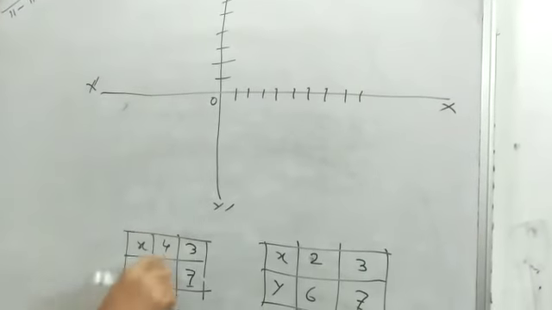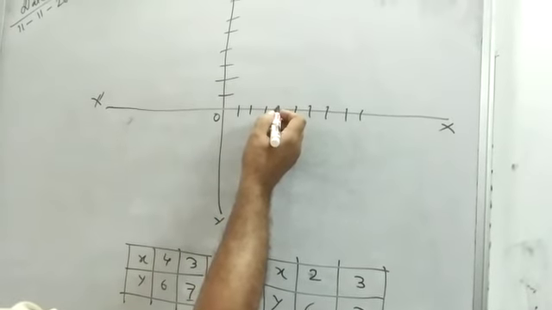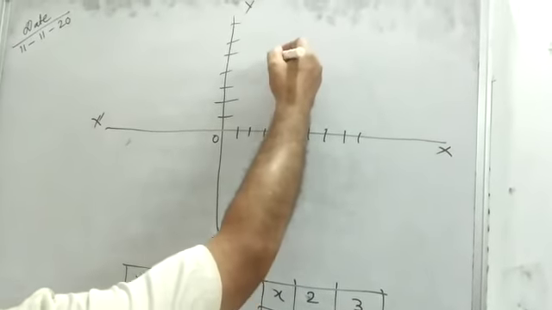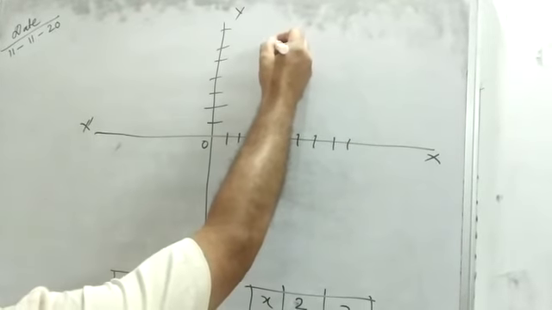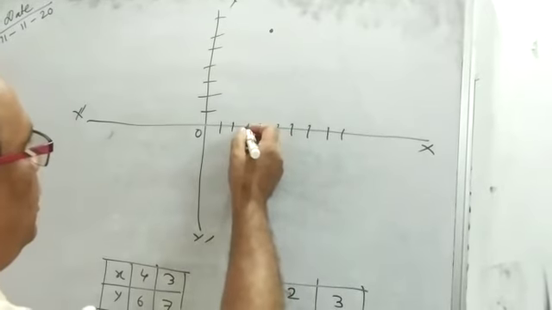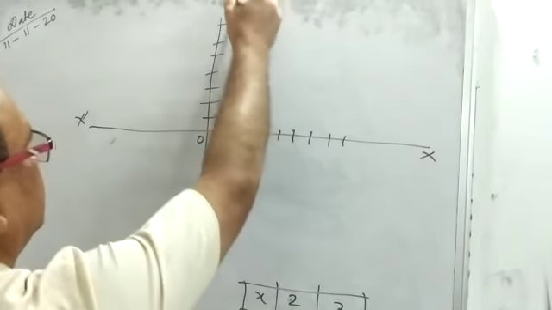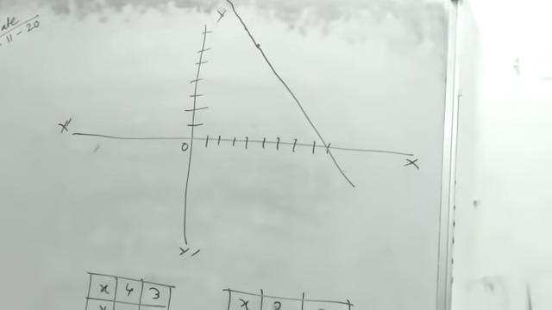Now you plot 4, 6. 1, 2, 3, 4. 4, 6. Then 3, 6, approximately. Then 3, 7. So this is the graph for the first equation.